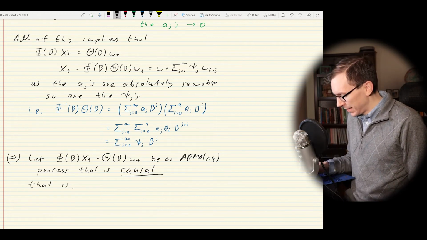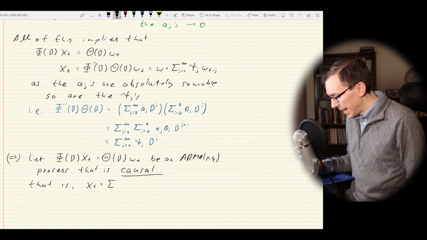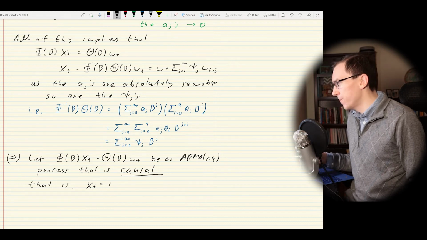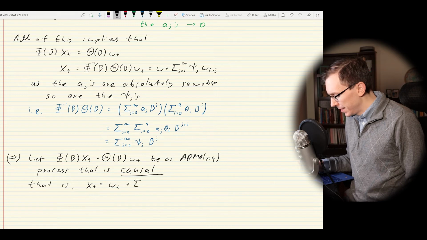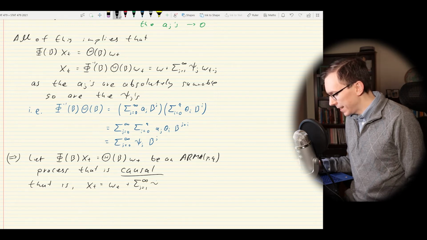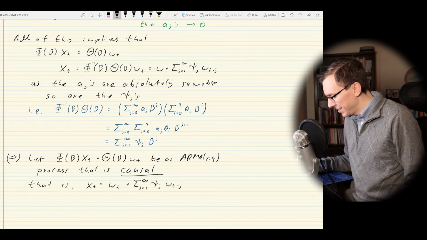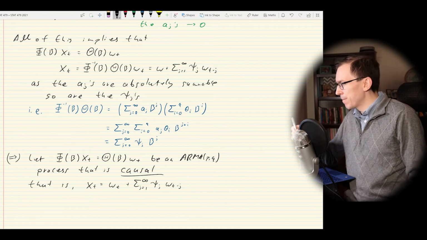That is, we can write x_t as w_t plus the sum, with j from 1 to infinity, of psi_j w_{t-j}. So there's our causal process.